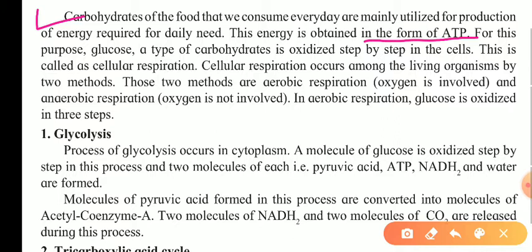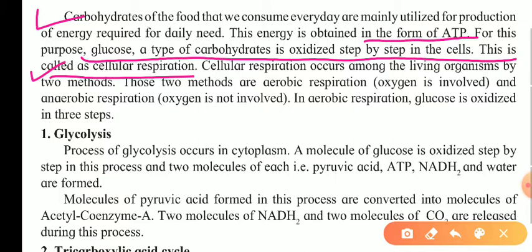And when we talk about glucose, a type of carbohydrate, it is oxidized step by step in the cell. This is called cellular respiration, because the respiration we carry out in the lungs is a different part. But that oxygen is carried to each and every cell of the body, and there the exchange of gas that takes place is called cellular respiration.